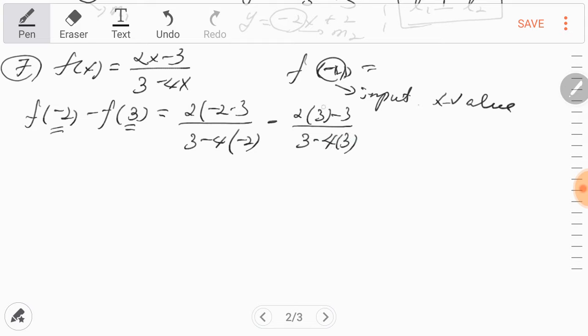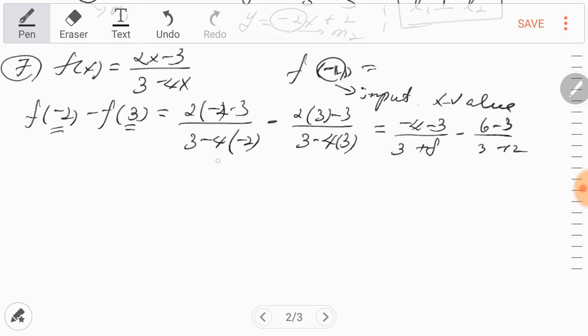Then evaluate this expression. So this is equal to, okay, so we got a parenthesis. So -4 minus 3 over 3 plus 8. Okay, minus, 2 times 3 is 6, minus 3 over 3 minus 12.